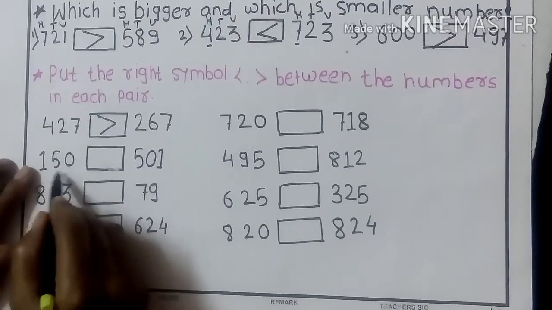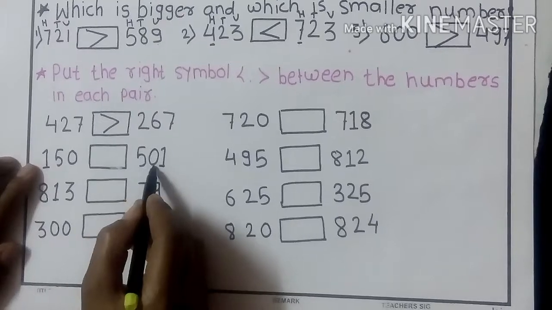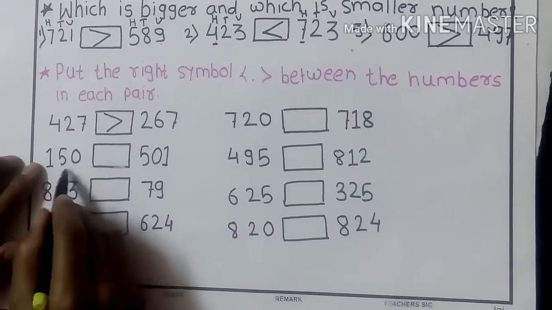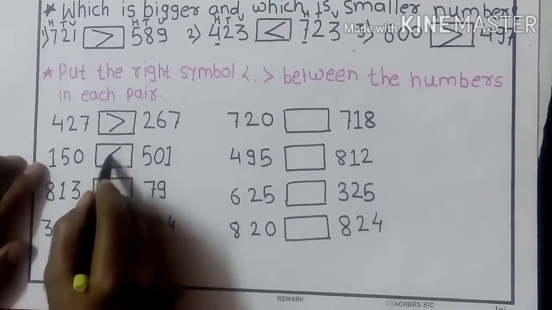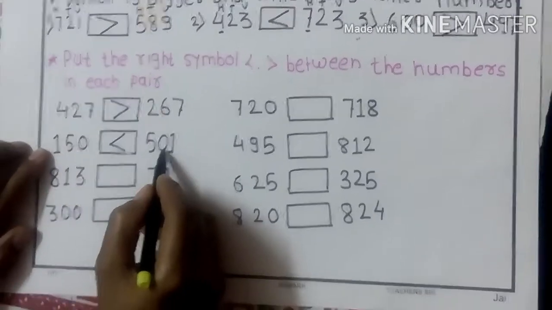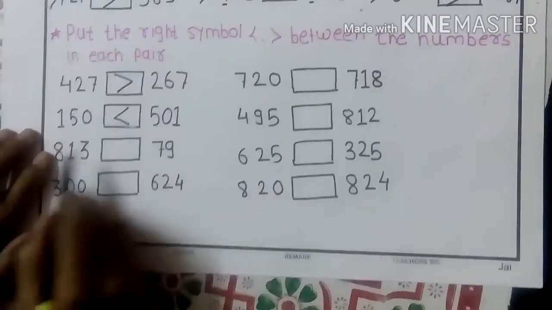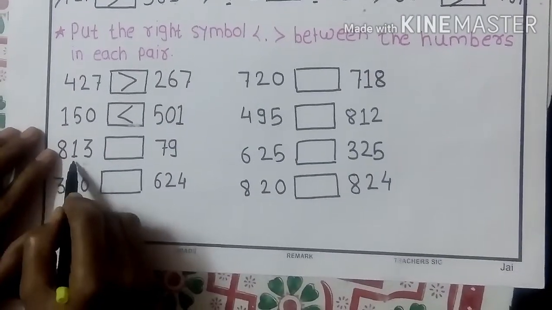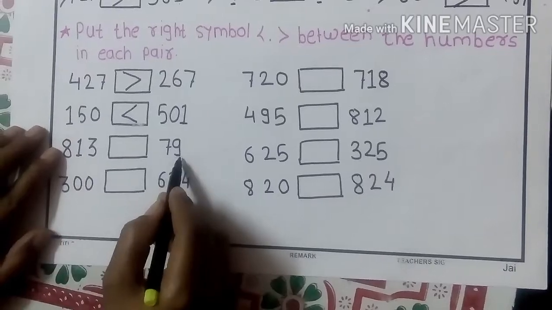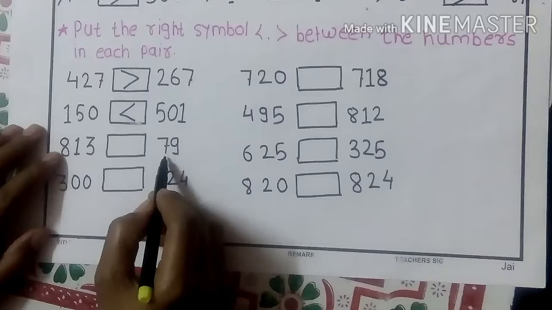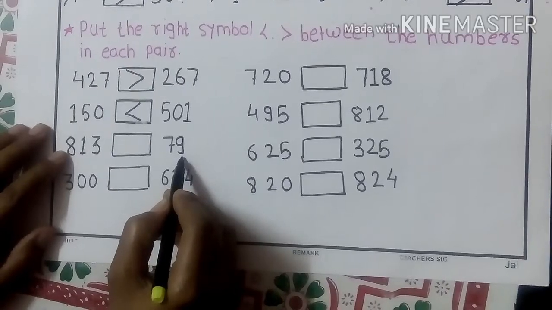In these two numbers, 427 is bigger than 267. Next example, 150 and 501. In this example, 150 is smaller than 501. Okay. Third example, 813 and 79. 813 is a 3-digit number and 79 is a 2-digit number.